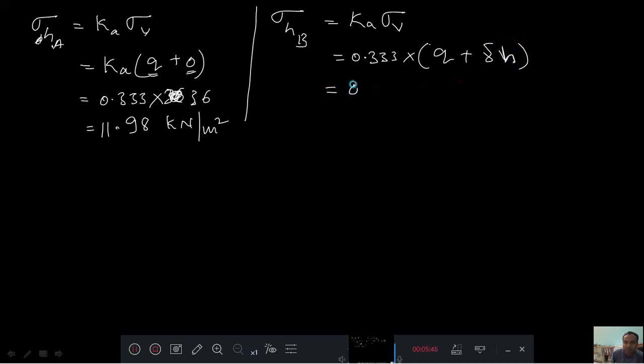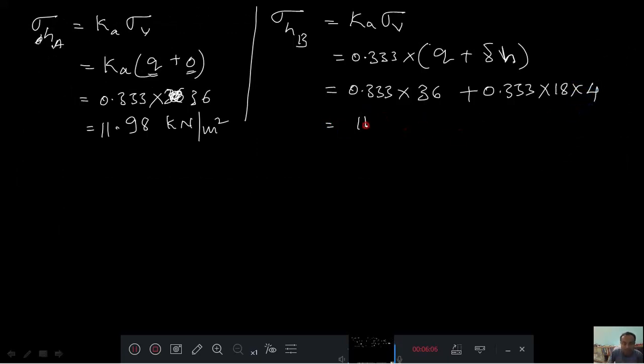Therefore this is 0.333 into 36 as one part, plus 0.333 into gamma, how much? Gamma is 18, into height, how much? 4 meter height. Then I will separately calculate.